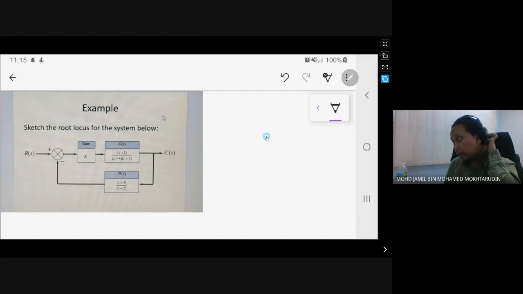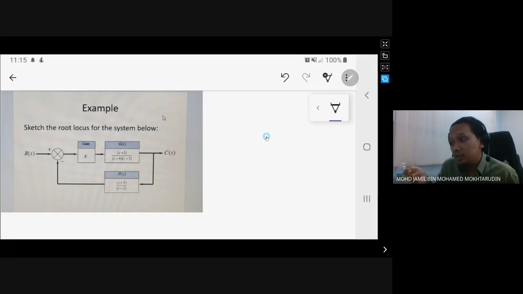Most of the time in exam questions, they will tell you what to find in the root locus. Sometimes they tell you to find the breakaway points, the asymptotes, the angle of departure. Last of all, they ask you to sketch, after you have found everything following the rules. It is rare to have a question asking you to sketch the root locus without finding anything, clueless.